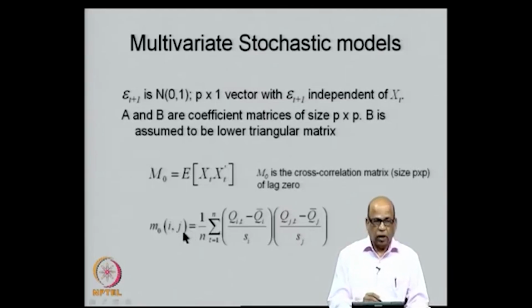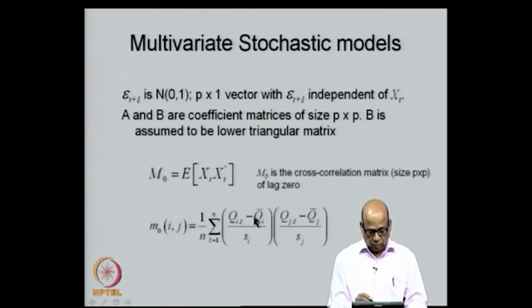Now, the ijth element of this matrix m naught can be written in terms of the data, these observed values of flows. So, x t is q i t minus q i bar divided by S i, where q i t is the observed flow at site i in time period t, and q i bar is the mean of the flows at site i, which is simply the sum over all the time periods divided by the number of time periods.